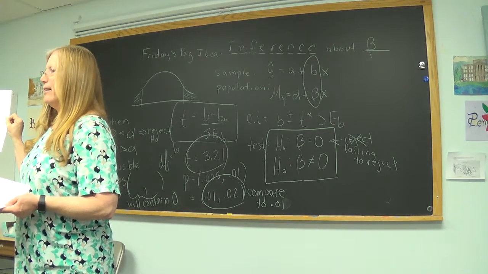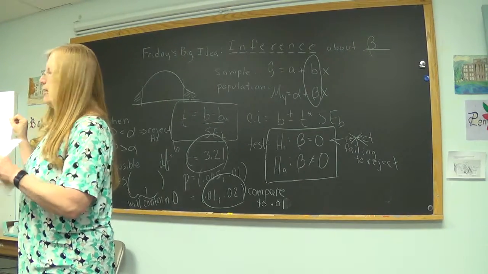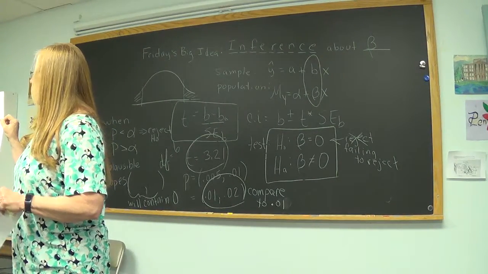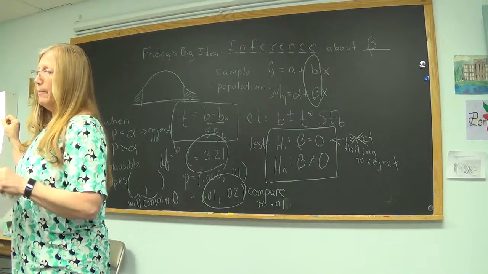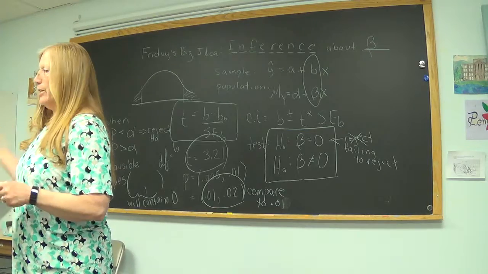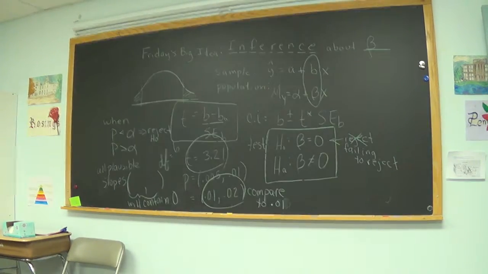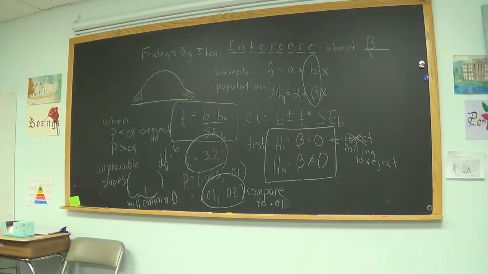You have to check the conditions, and when you pull up a graph on your calculator for linear regression, I want you to tell me what you pulled up and check whether it met the requirements or not. So this is your homework problem. Tuck that away, and you'll be doing a test and a confidence interval. So this will be good practice.